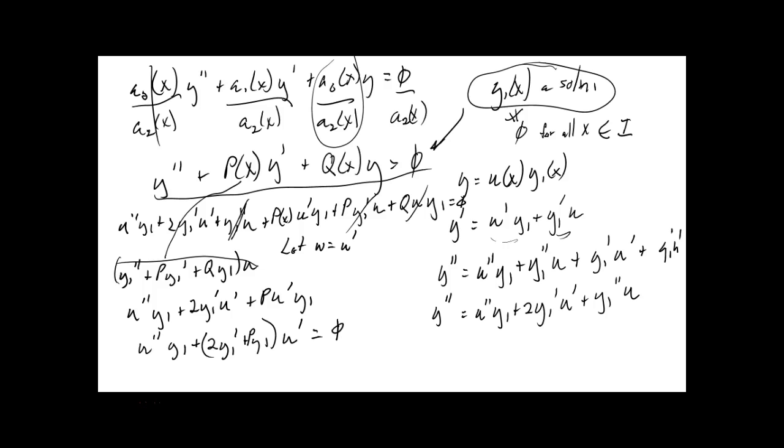Now, if you let W equal u prime, what do you have now? You have y1 W prime, because if W is u prime, W prime is u double prime, right?